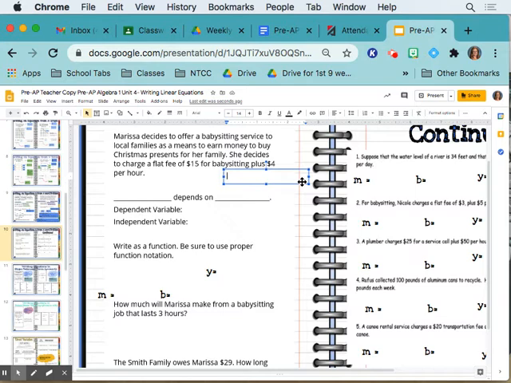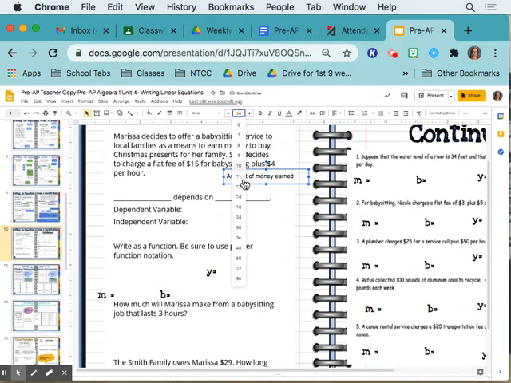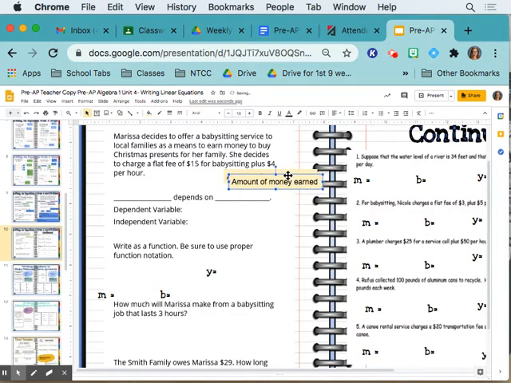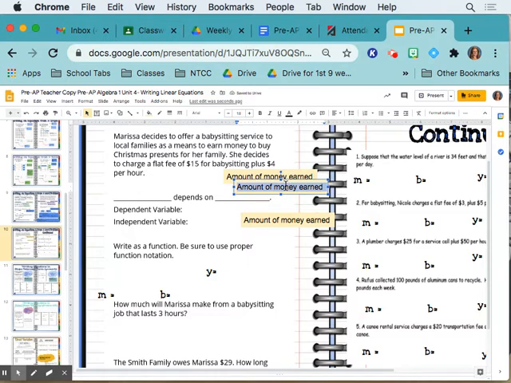Amount of money. So, amount of money earned. So we're going to need 2 of these. And then what's the other variable? Number of hours.